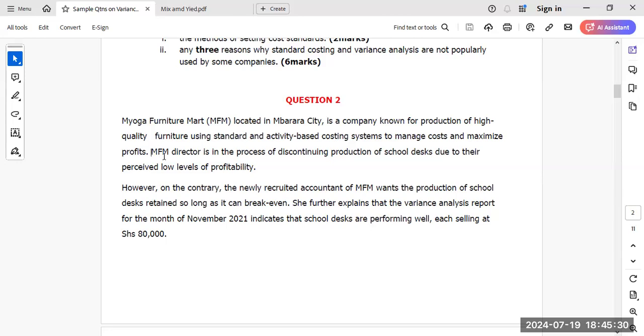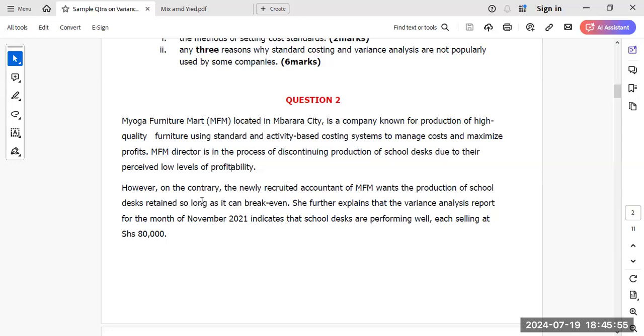They are telling you that MFM director is in the process of discontinuing production of school desks due to their perceived low levels of profitability.